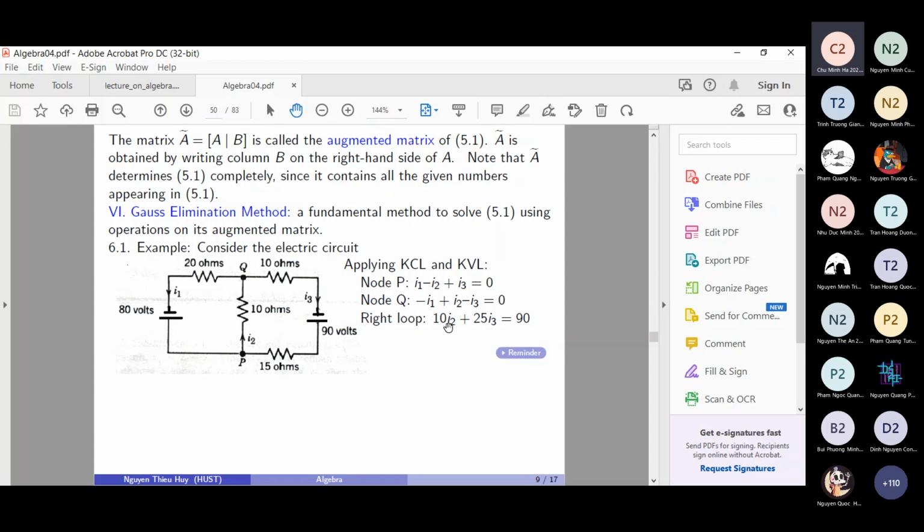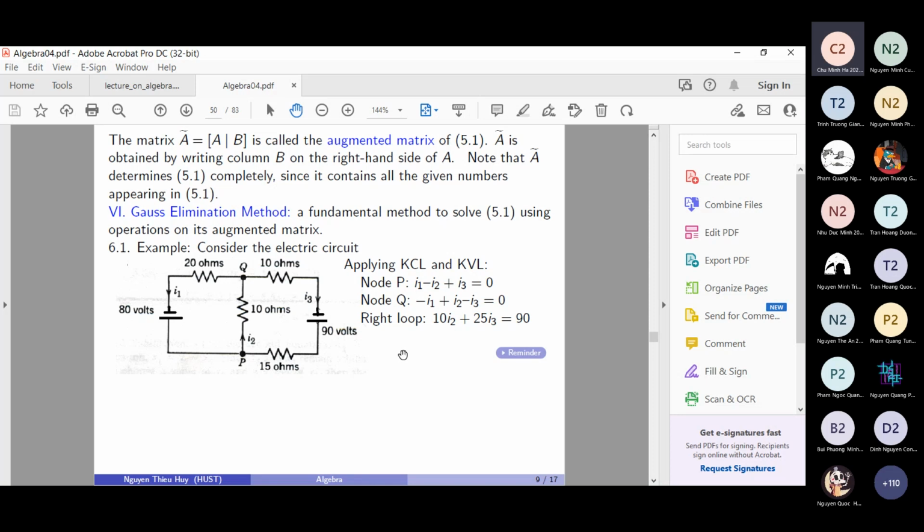We obtain 10 I2 plus 25 I3, since 10 plus 15 is 25, equal to the electromotive force here, 90. Again we apply Ohm's law: the voltage drop across a resistor is R multiplied by I, resistance multiplied by current.